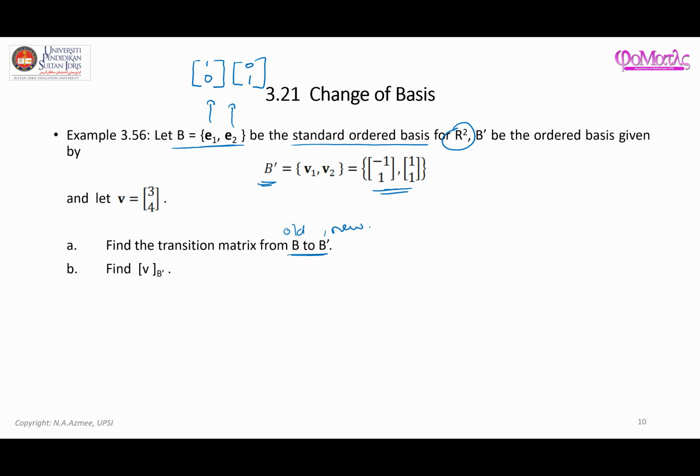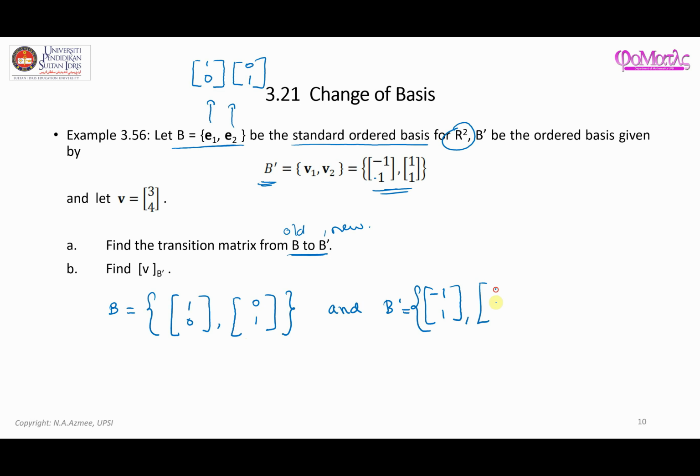Okay. Now, before we start with the first step, let me write down clearly what B is. B here is just 1, 0, 0, 1, and B prime is negative 1, 1, 1, and 1. So that is B prime.